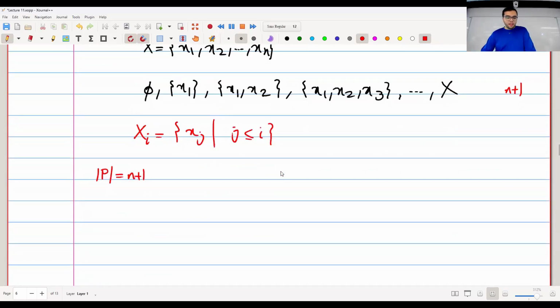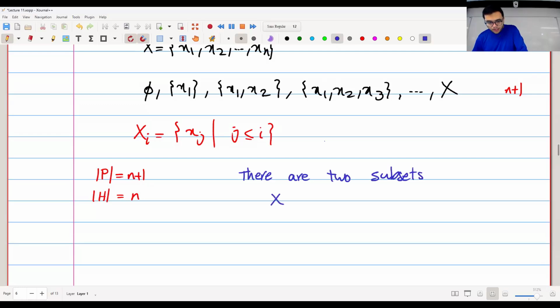Now I have n holes. So this means that 2 of these subsets have the same sum if you only consider the remainder modulo n. So there are 2 subsets.